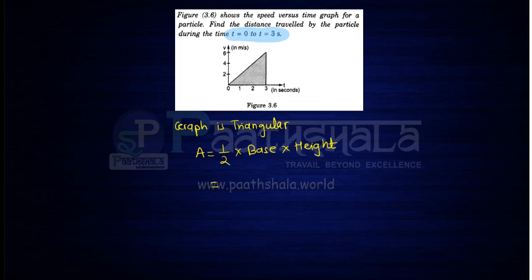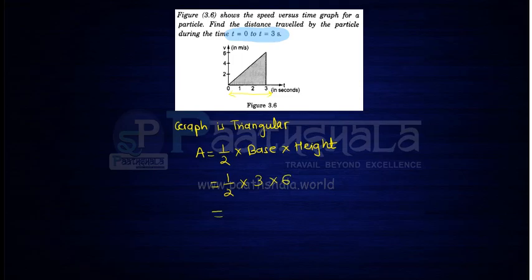The base of the triangle corresponds to the time duration, that is 1 by 2 into the base, which is 3, into height. The height of the triangle corresponds to the speed at t equals 3 seconds, which is 6.